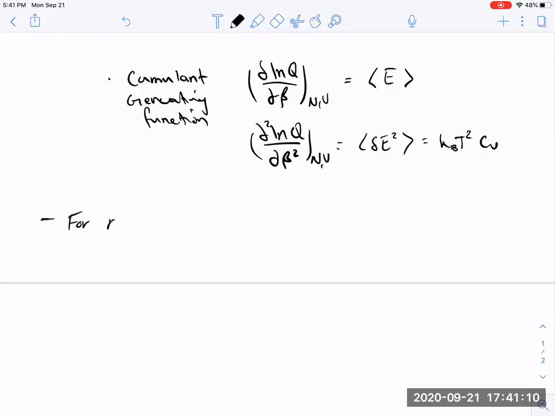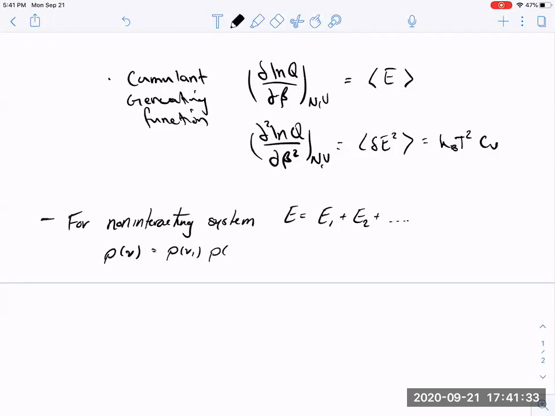For example, for a non-interacting system, one for which the energy is expressible as a sum of energies of the individual components, the probability of a microstate in such a system factorizes into probabilities for the individual components, be they particles, lattice sites, etc. And as a consequence, the partition function takes on a very simple form. It factorizes as well into N products of a single particle partition function.